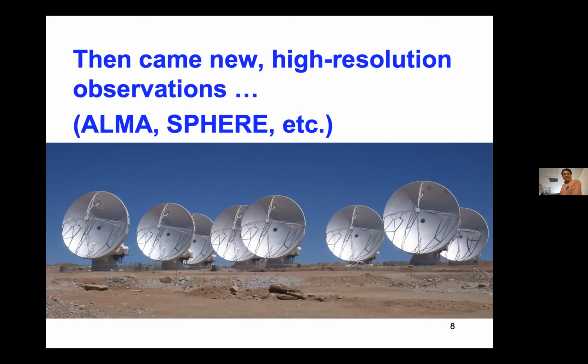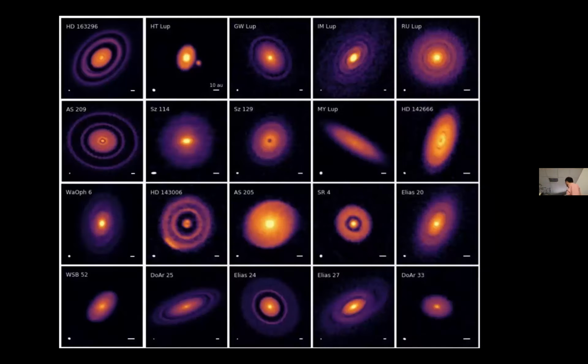for hydro. This is the ALMA sub-millimeter array, and this is what they see. This is about 20 of them. Never mind those numbers. I never figured out how they name their disks, but you can see this one. You have rings, and then you have a little feature there, and there are gaps in the rings.